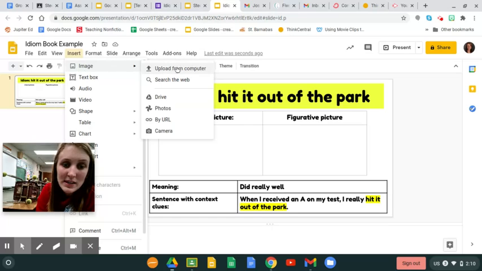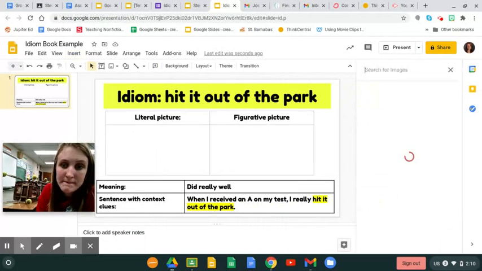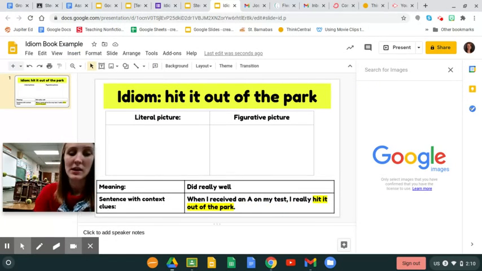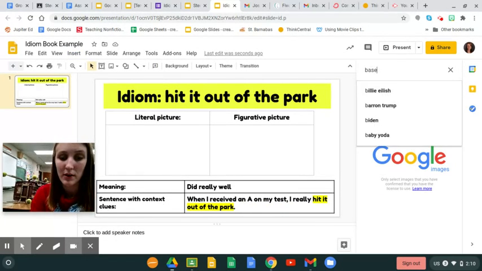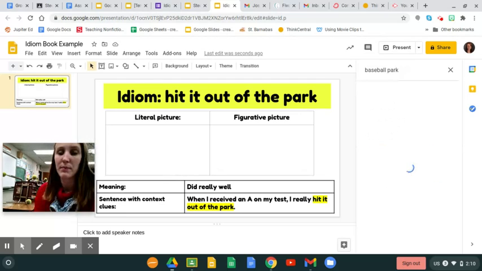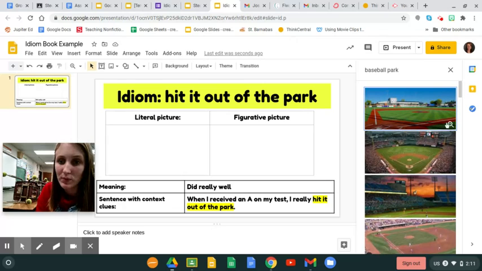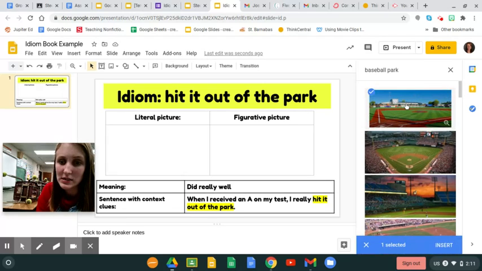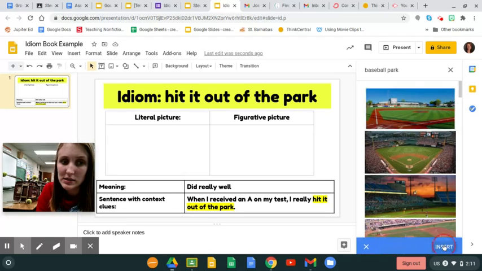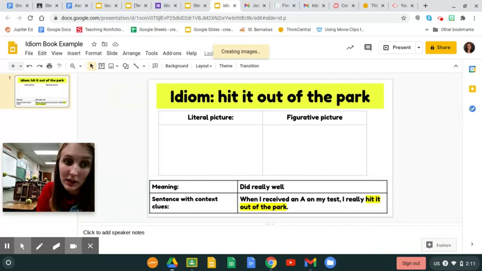And what's going to be easiest and probably the safest, just so that you don't get anything weird, is just press search the web like that. And I'm going to look for a baseball park. When I find one, I'm just going to press it like this, and I'm going to click insert. It's probably going to come out really big.